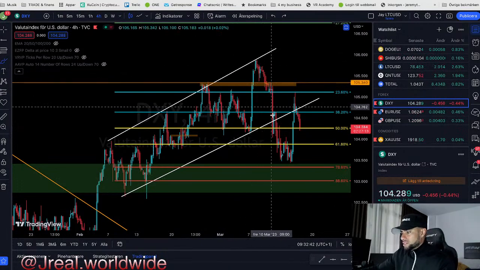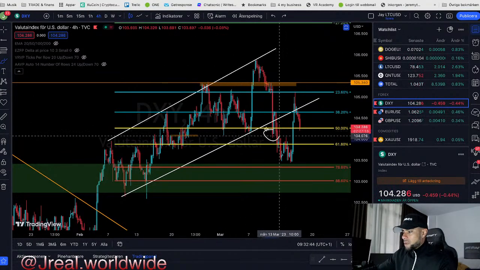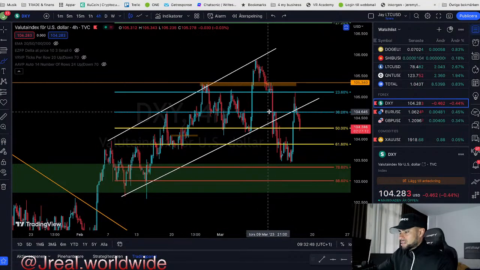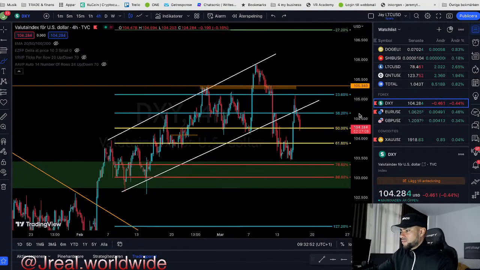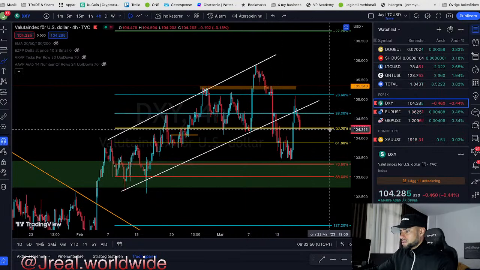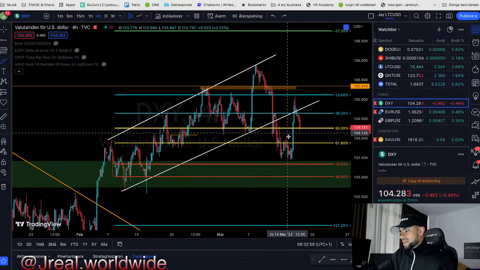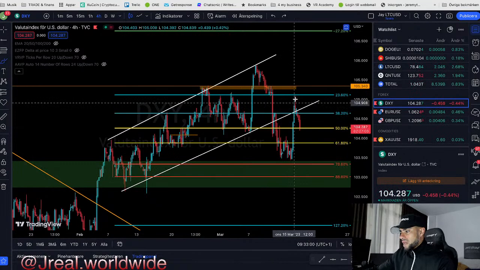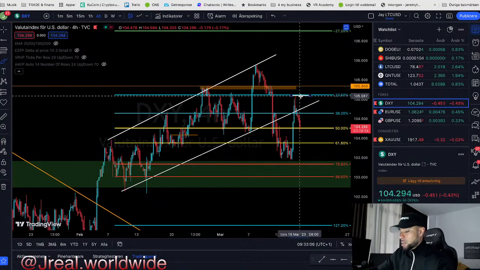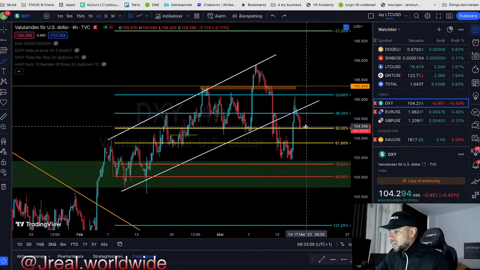Has retraced, come into the sweet spot zone, picked up supply, came up, respected the 38.2 Fibonacci retracement perfectly.